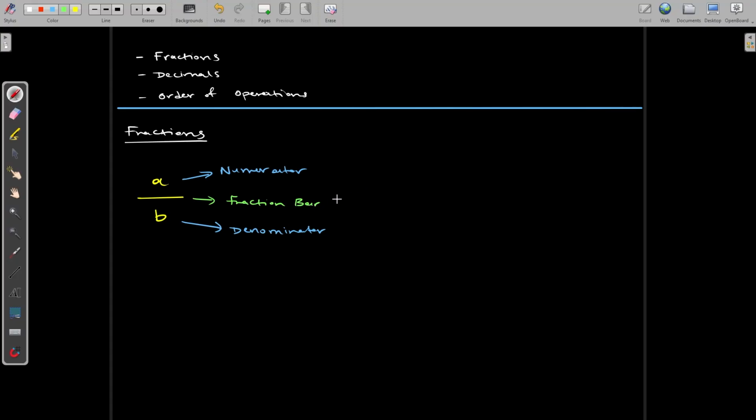Fraction bar or vinculum. So these would be the three parts of your typical fraction, and what this tells us is that the numerator is being divided by the denominator. So that's what's happening inside of a fraction.